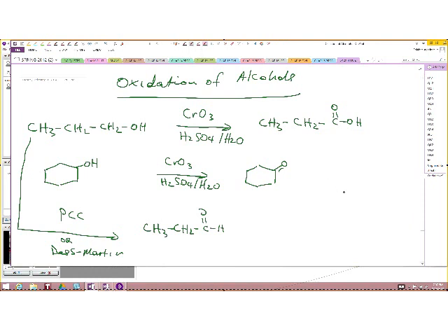This is the structure of PCC. This is called pyridinium chlorochromate, and that is why we call this PCC, the acronym.